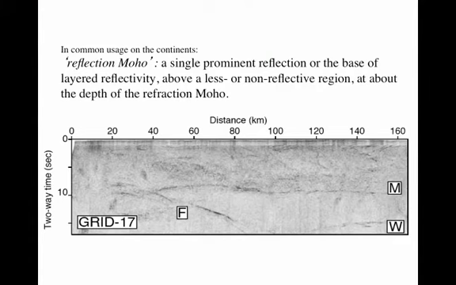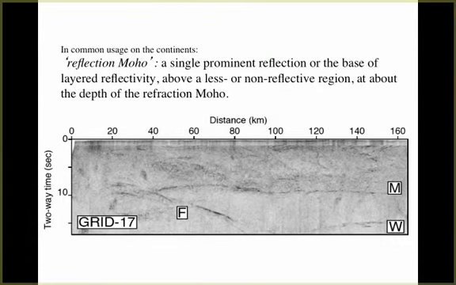From a geophysicist's perspective, if we look at a subduction zone with the opposite polarity, so we have subduction dipping to the right here, the moho looks like a prominent reflection in this seismic profile.